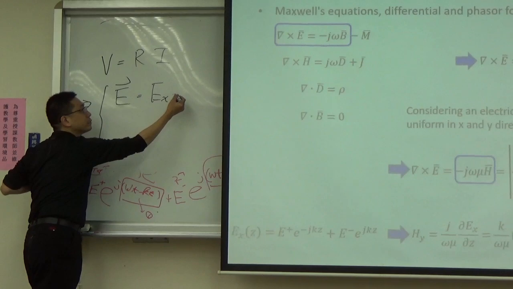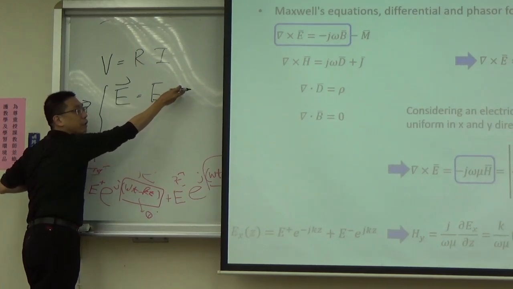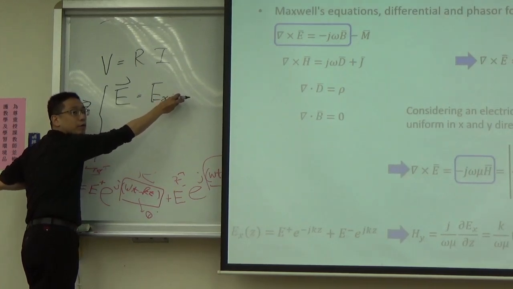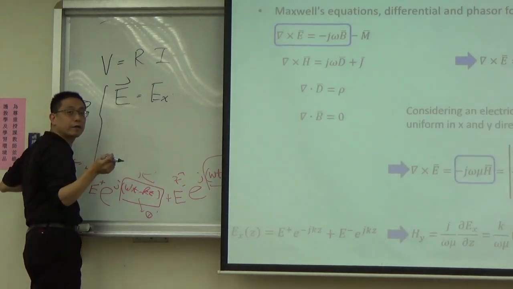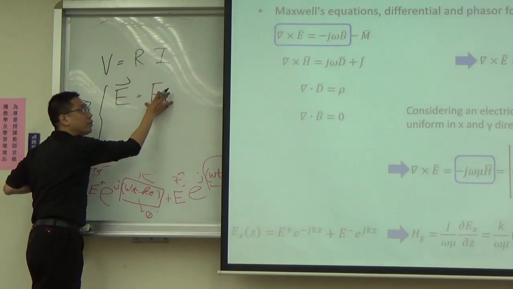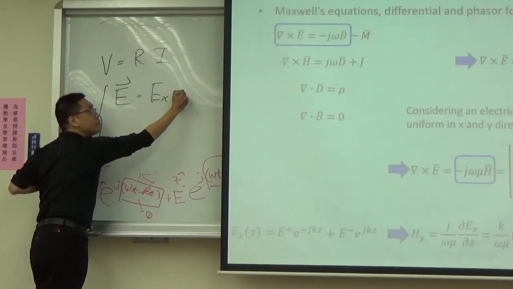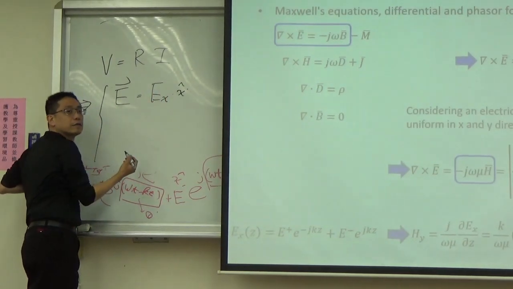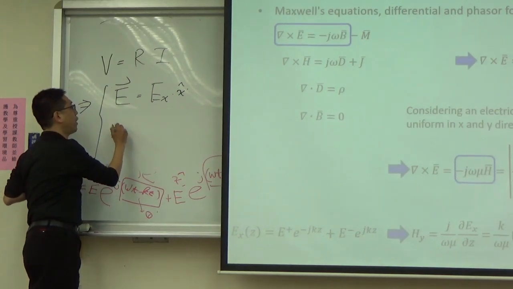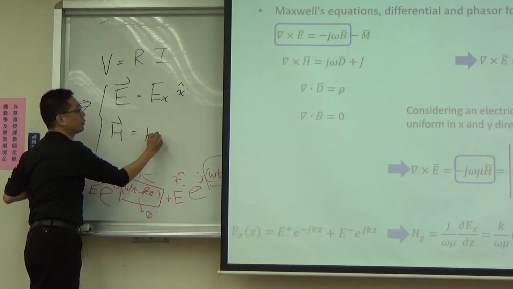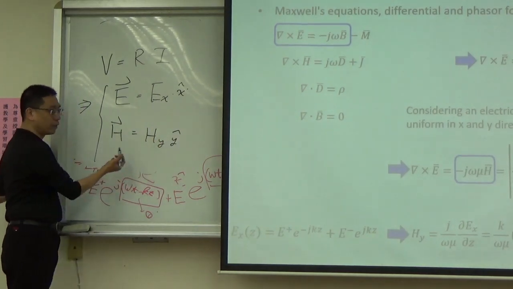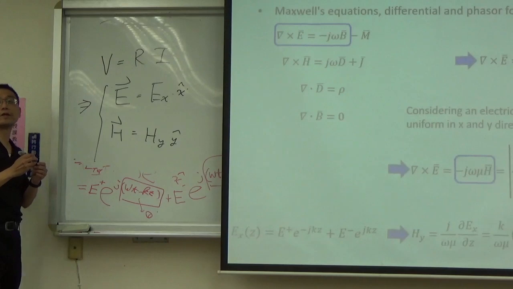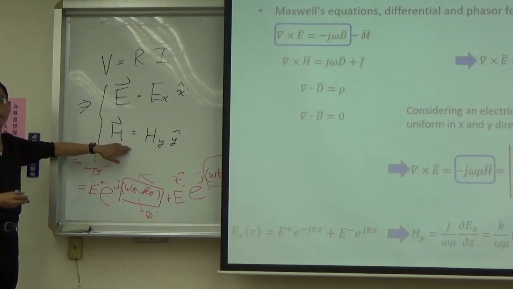I don't take the time component. I write down only the XYZ component, okay? You just multiply back, only the spatial part times x, and H equals, because they are perpendicular to each other. If I do that, right?